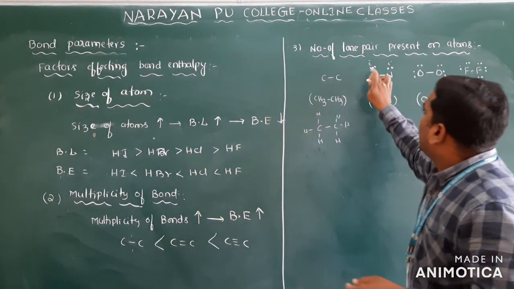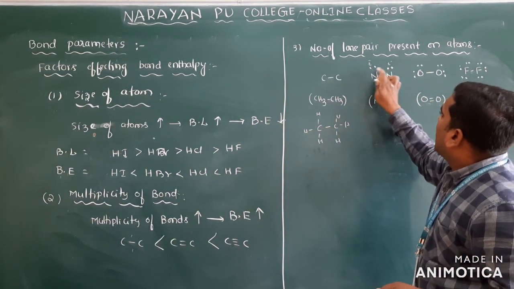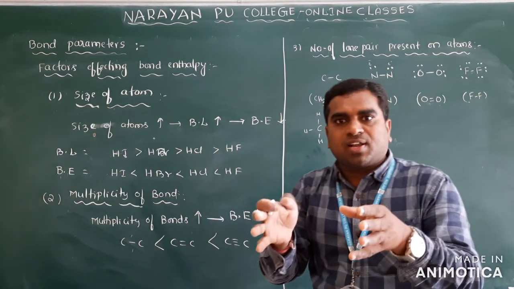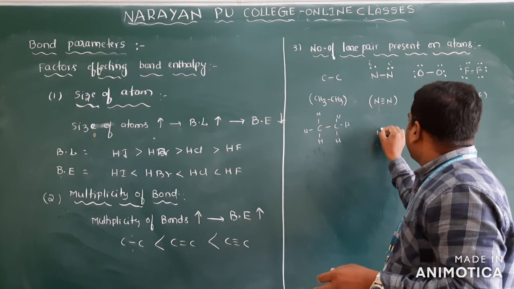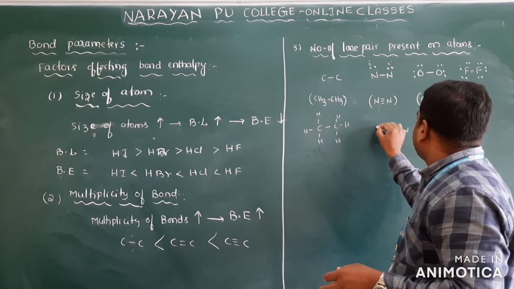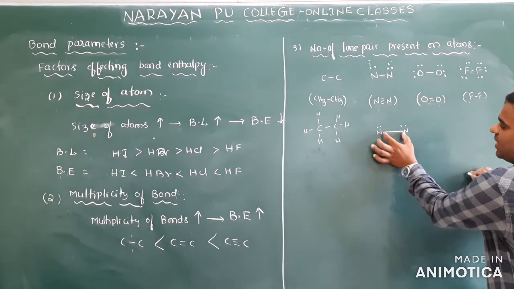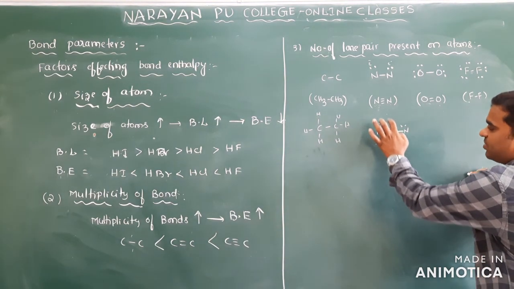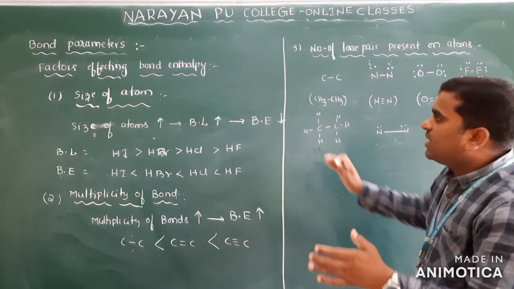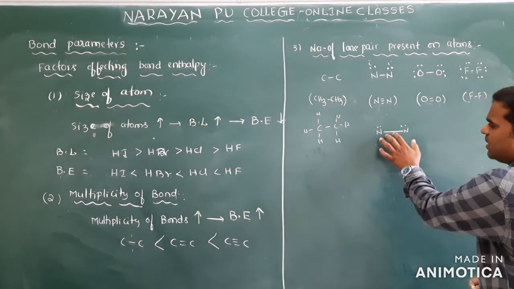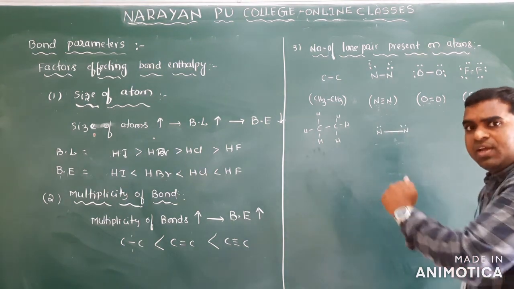So here the electrons are very close to each other, and they repel. To avoid that repulsion, the nitrogen-nitrogen bond length increases. Bond length increases means bond strength decreases, so bond enthalpy also decreases. We can easily break this bond.